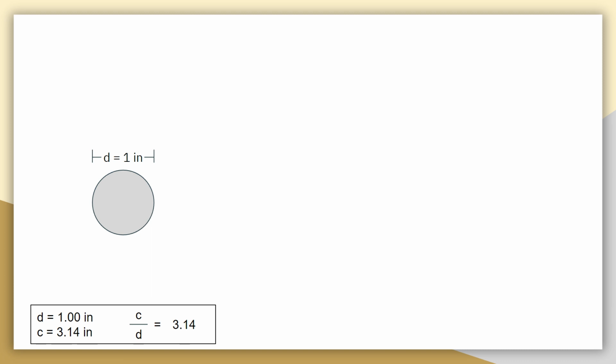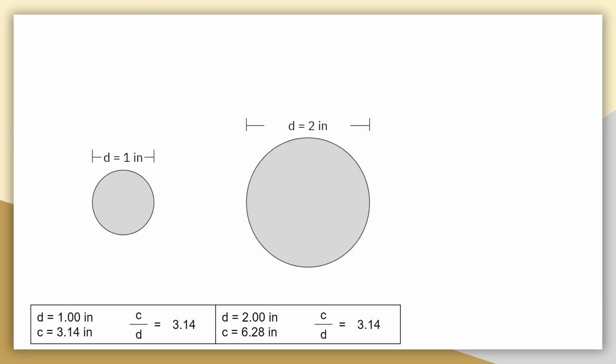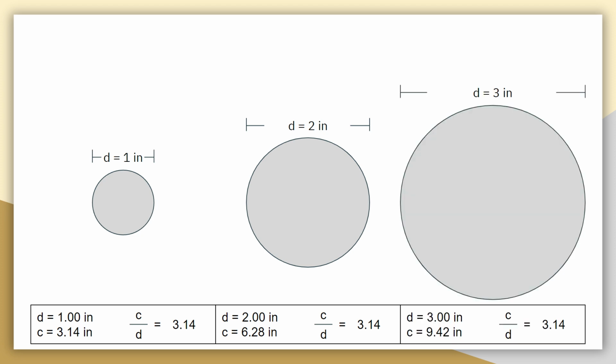Or another way to put that, the ratio of the circumference to the diameter is 3.14. When they increased the size of the circle, they found that that ratio remained constant. It didn't matter how large or how small that circle got, as long as they were looking at a pure circle. We maintained that same ratio.